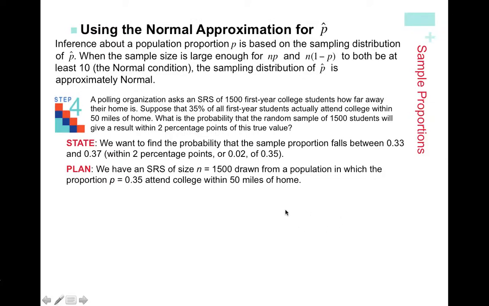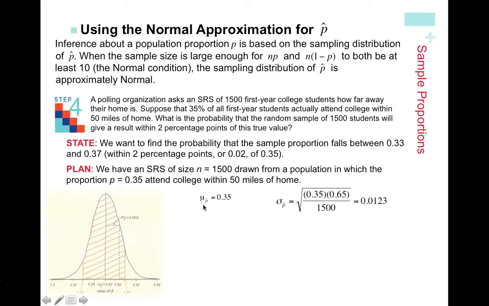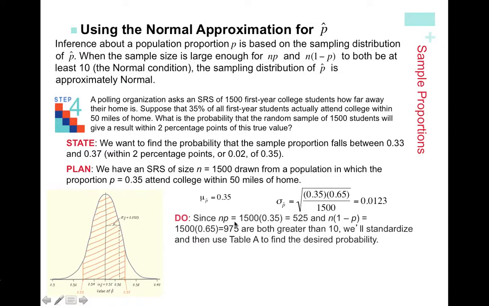We're taking that from a population in which the proportion of success is 0.35, attending college within 50 miles of home. So that means that the mean of our p-hats is 0.35, and our standard deviation of our p-hats can be calculated and found to be 0.0123. And we can use a normal distribution because np and n times 1 minus p are both greater than 10.